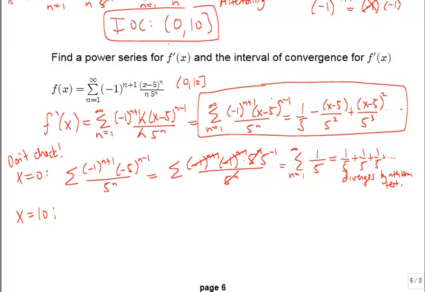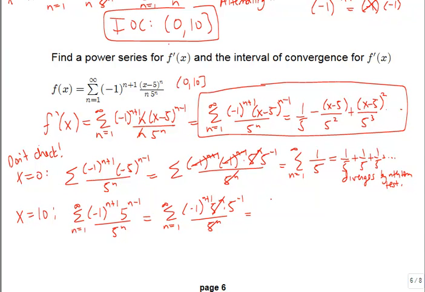We're checking it in this derivative formula over here. So when I plug it in, I'm going to get negative 1 to the n plus 1. 10 minus 5 is 5, so this is 5 to the n minus 1 over 5 to the n. Breaking that up, that's 5 to the n times 5 to the negative 1 over 5 to the n, so these cancel. So this is the series that alternates, negative 1 to the n plus 1 over 5.